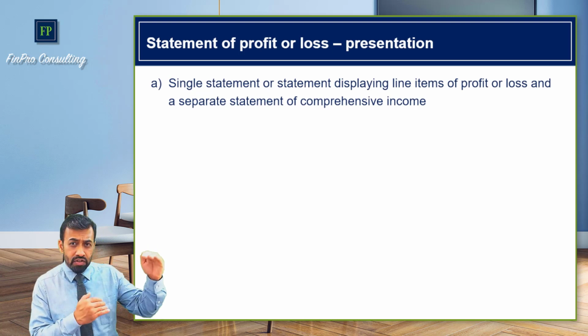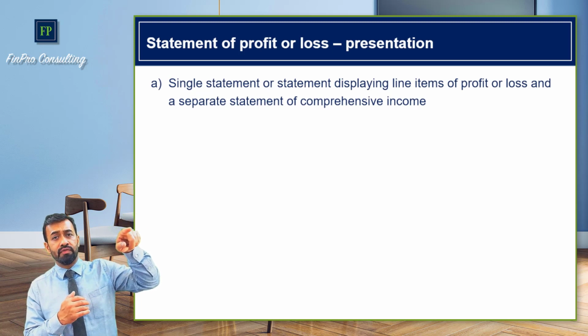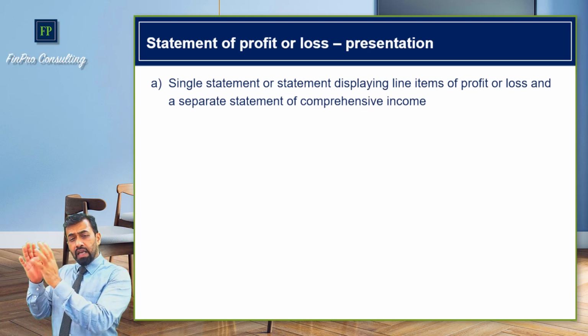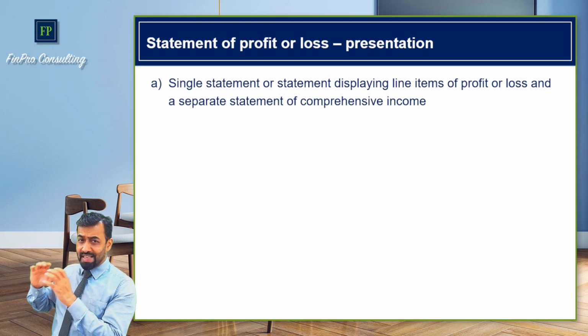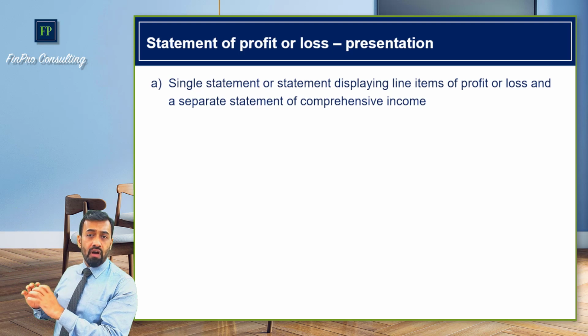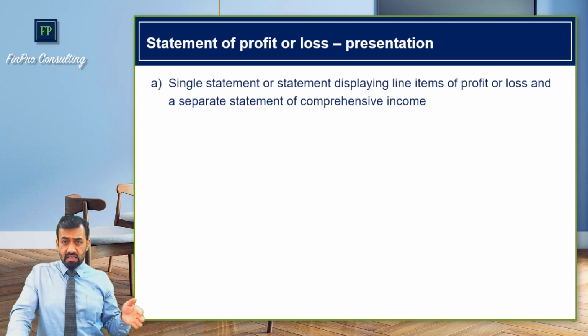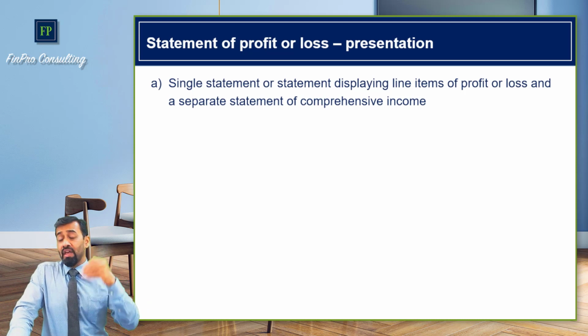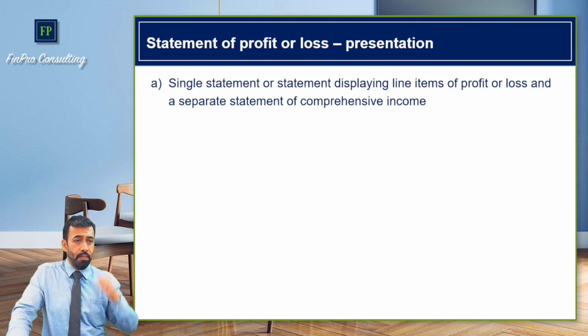This will be one statement with one heading: statement of profit or loss account and other comprehensive income. Or the entity can prepare two separate statements, one for P&L and a second with a different heading for other comprehensive income. So the entity has a choice under IFRS whether to prepare a single statement or two different statements.